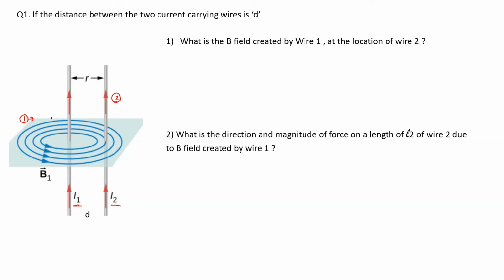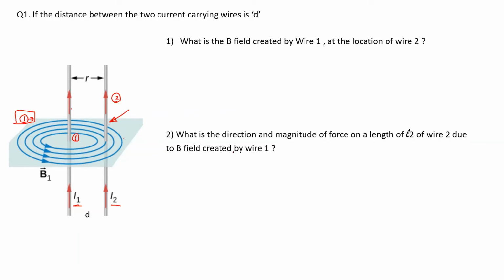For now, let's only focus on the magnetic field created by the first one. Due to this magnetic field, this wire is going to feel a force. The first wire created this magnetic field, and the second wire is a current carrying conductor in a magnetic field now, so it is going to feel a force.